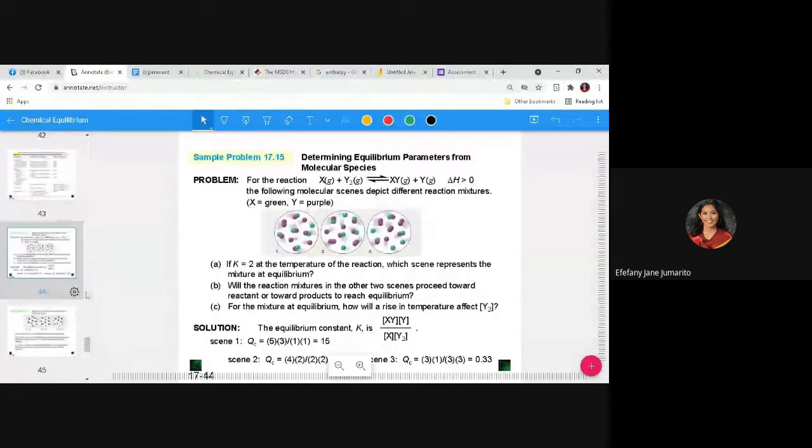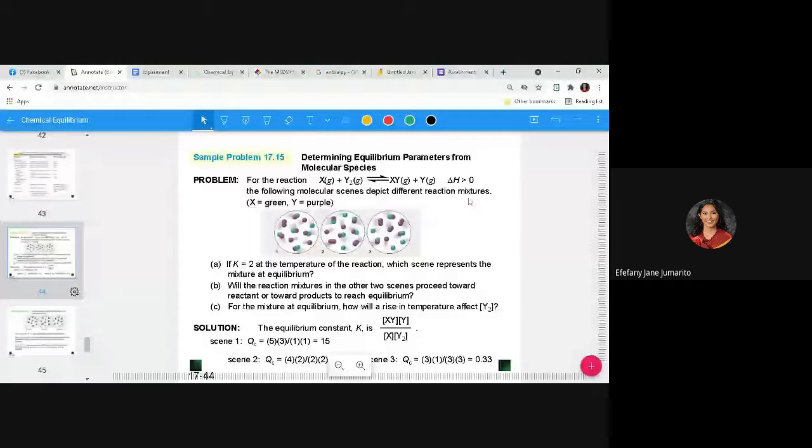Okay, let's answer this one. For the reaction XY going to X plus Y, the enthalpy is greater than 0, so it's positive. The following molecular scenes depict different reaction mixtures.